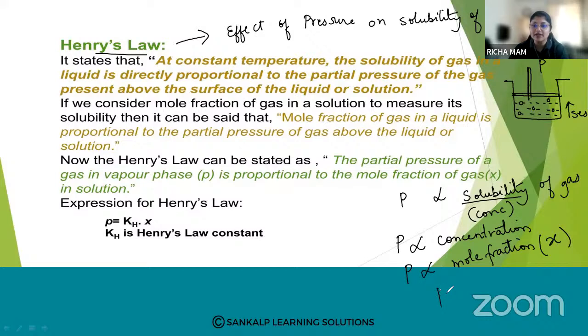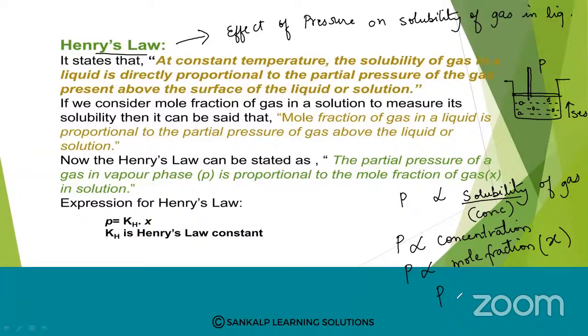So partial pressure, if I remove this proportionality sign, then I have to introduce a proportionality constant. I am introducing KH. So it is KH into chi, and this is the mathematical expression.